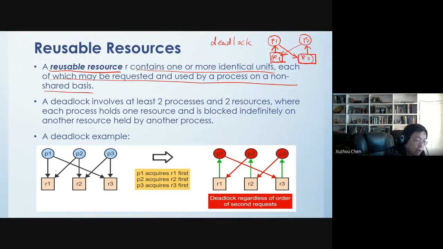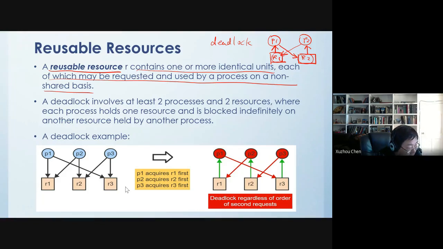The diagram below shows a deadlock situation which involves 3 processes and 3 resources. We assume that each resource has only 1 unit.